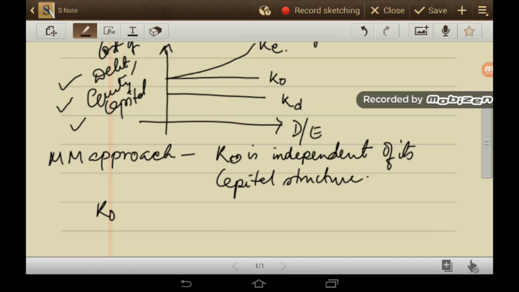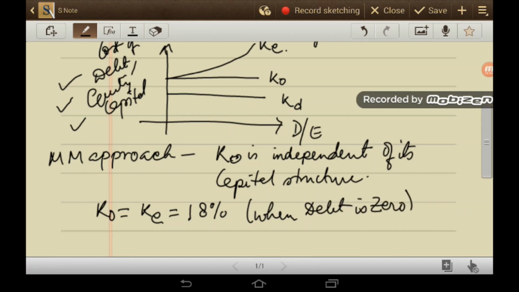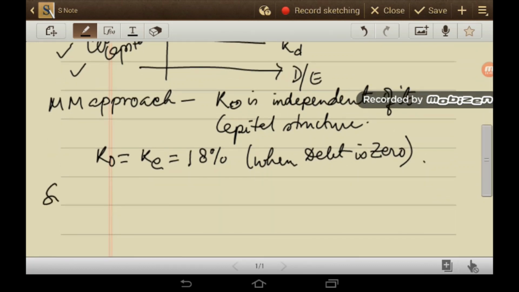So in this question, what will be the cost of capital? The cost of capital will be equal to KE, which will be equal to 18% when debt is 0. So overall cost of capital, KO, will be 18%. So this will be taken as fixed.